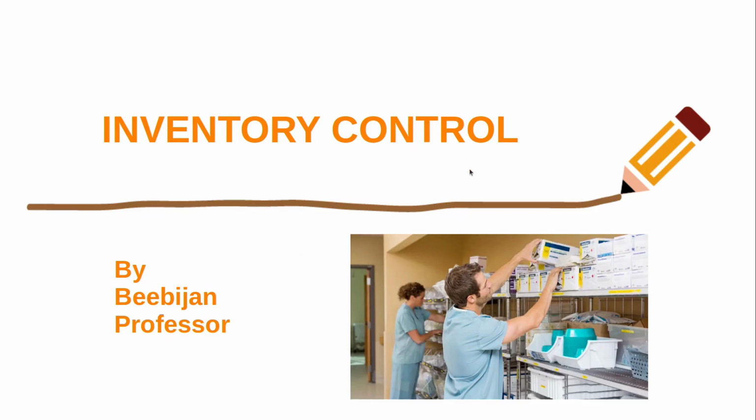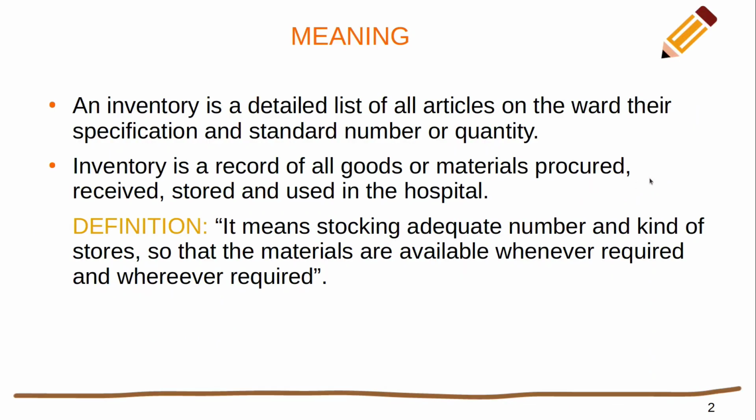Let's start with another topic in nursing management and leadership, that is inventory control. The meaning of inventory control. An inventory is a detailed list of all articles on the ward, their specification and standard number or quantity.